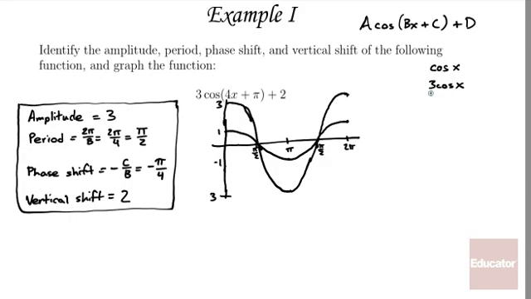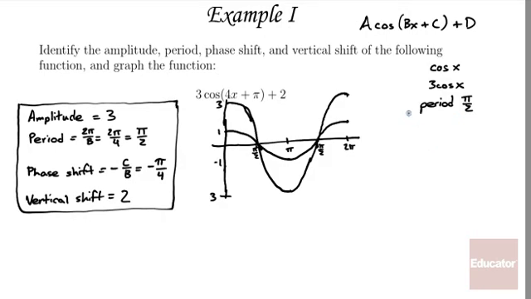The next one to introduce is the period. The period is supposed to be pi over 2. And remember, the period is the amount of horizontal distance between one peak and the next peak. Well, my current peak is, so I'm going to change the period to pi over 2.